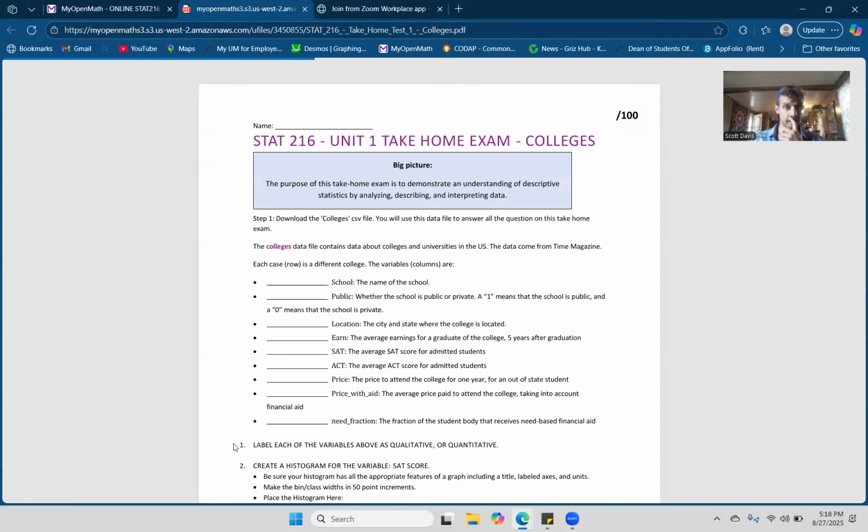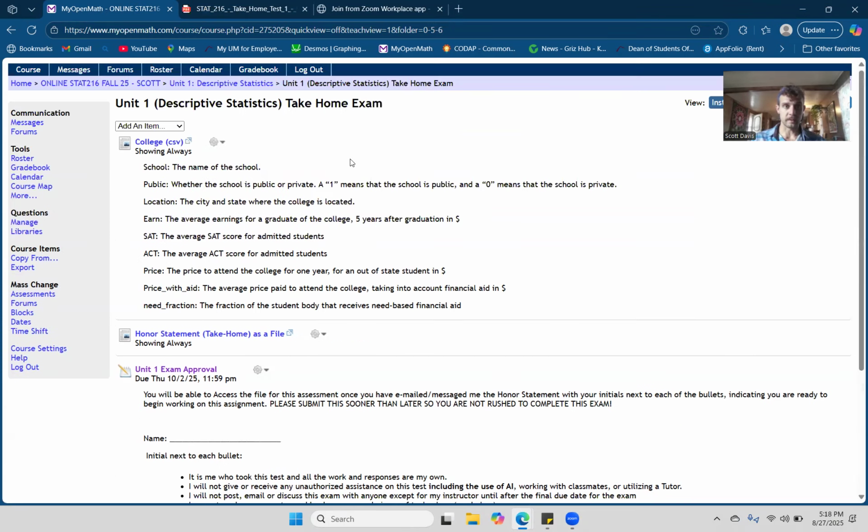Inside the exam, you'll have downloaded that CSV with the data. It's a bunch of college data. So it has the school, whether the school is public or not, the location, the average earnings for a graduate 5 years after graduation, the average SAT score for admitted students, right? So this is the average of all of the students.